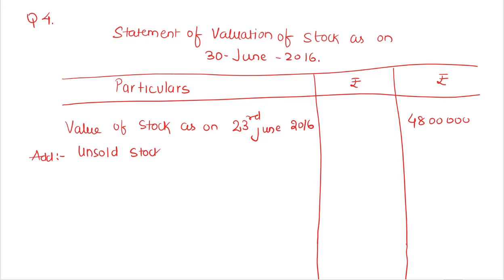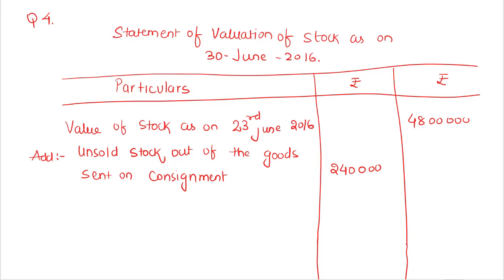Unsold stock out of the goods sent on consignment. So this would be a part of the closing stock because it is still unsold. 2,40,000.